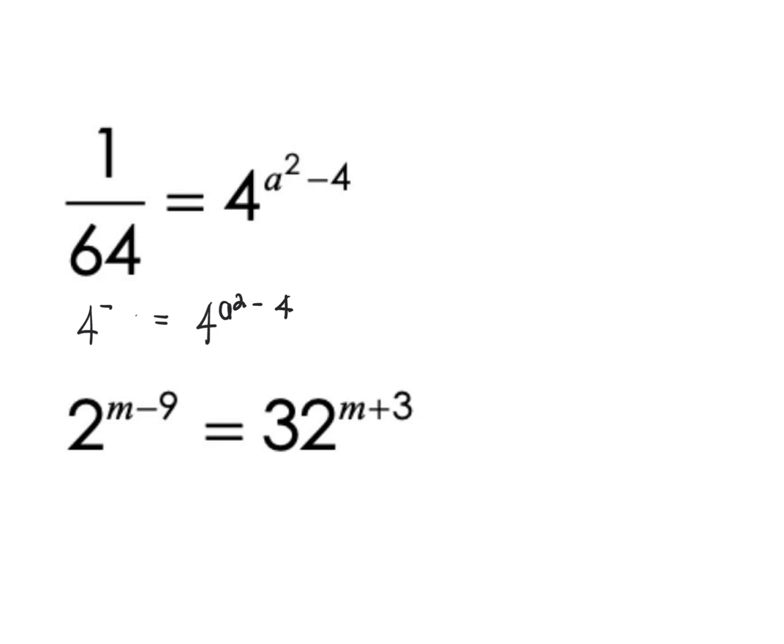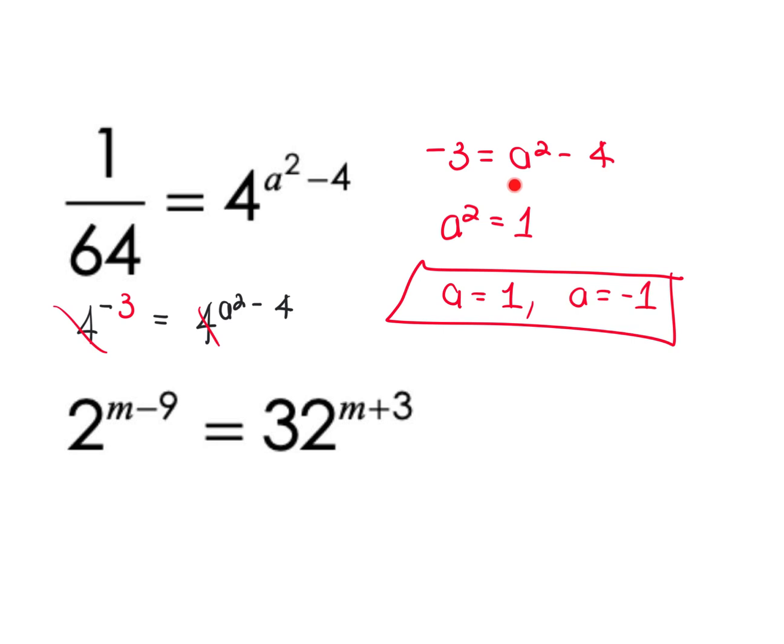It's actually 4 to the negative 3 power. So then we can cancel out the 4s. We get negative 3 equals a squared minus 4. So then we get a squared minus 4 equals negative 3. Add 4 to both sides. A squared equals 1. You take the square root of both sides. A is either 1 or a is negative 1.